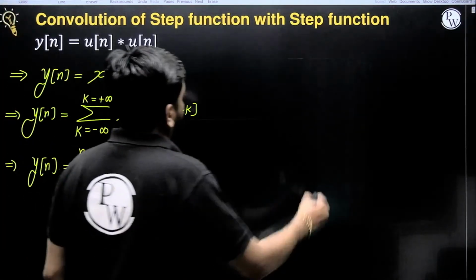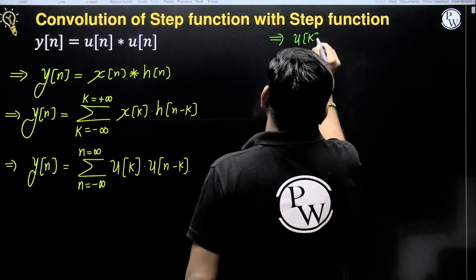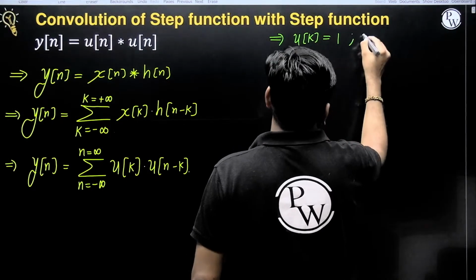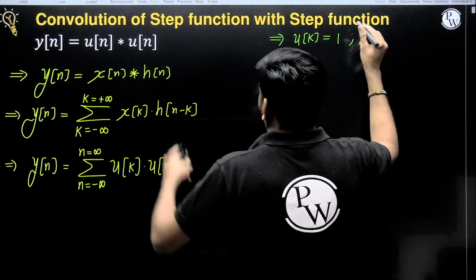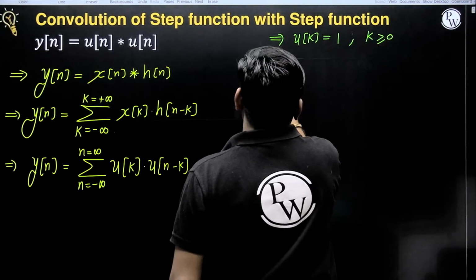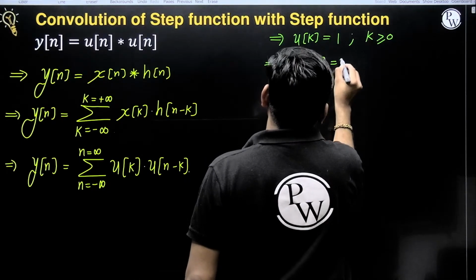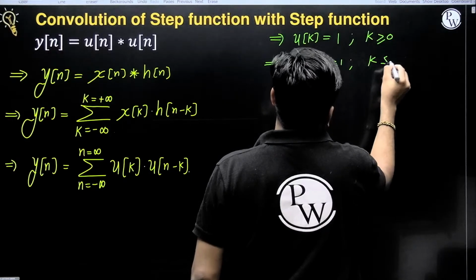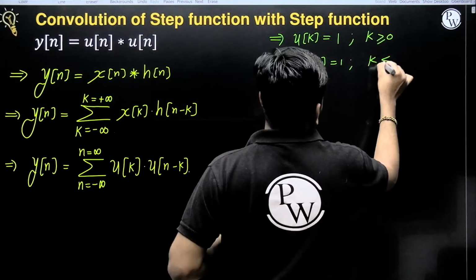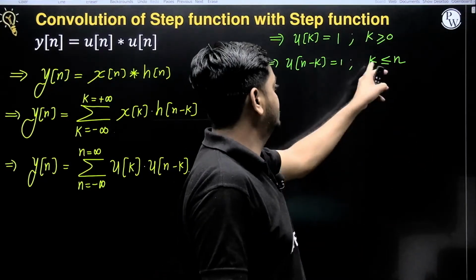u of k is 1 for k greater than or equal to 0, and u of n minus k will be 1 for k less than or equal to n. Of course, check: n minus k greater than or equal to 0, that's why k is less than or equal to n.